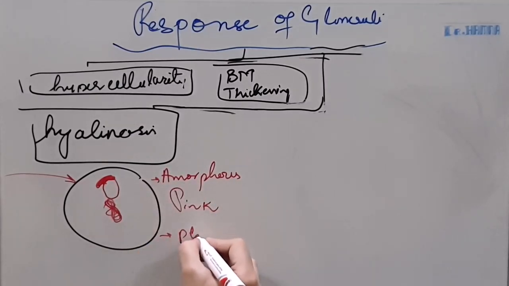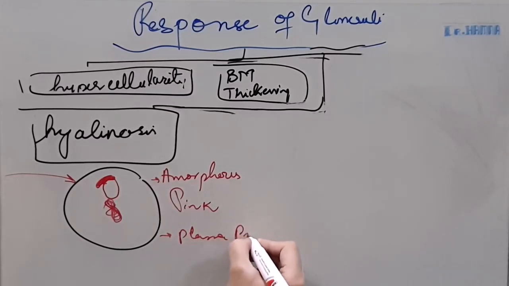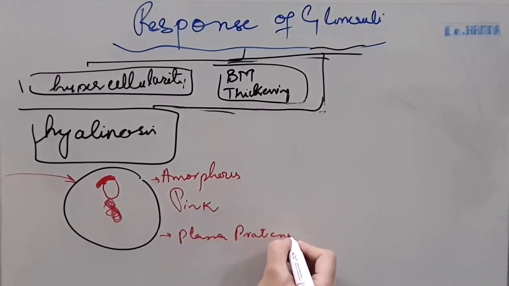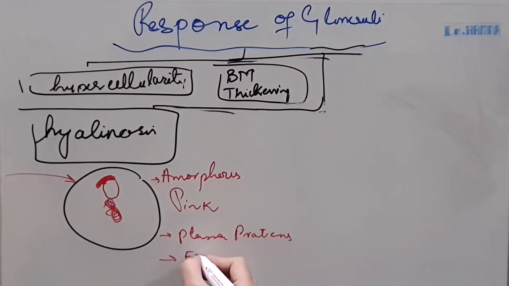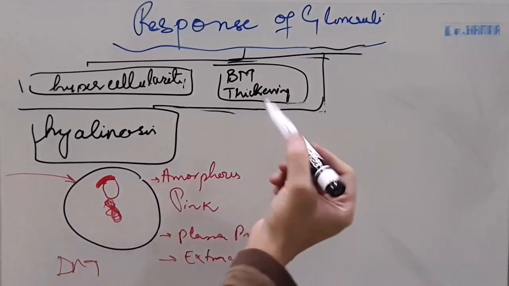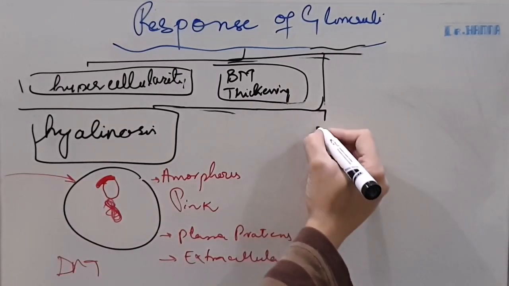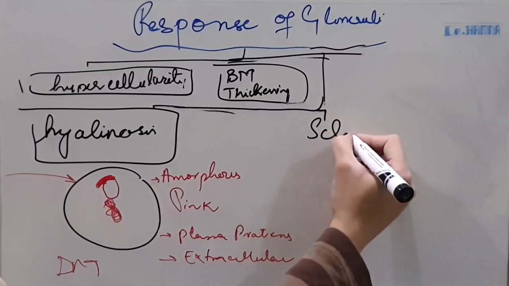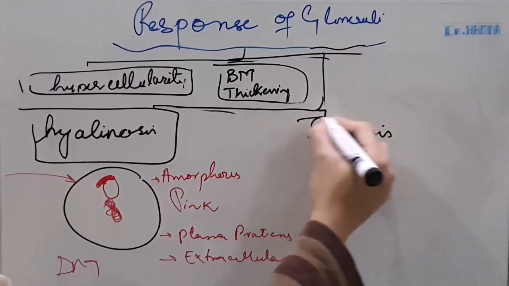These are basically plasma proteins, and these lie outside the cell, that is, these are extracellular. This change is seen in very specific entities, and one of the main examples is diabetes mellitus, in which hyalinosis is seen.